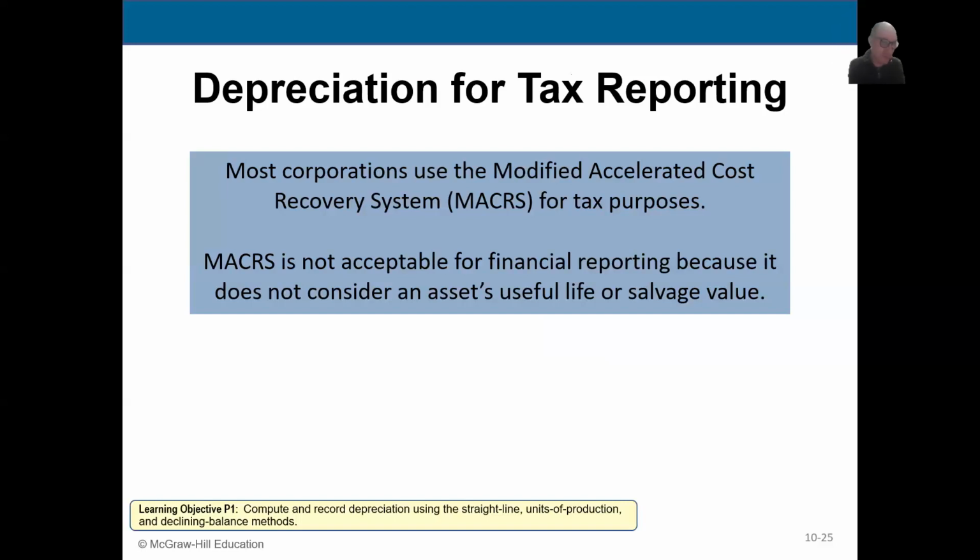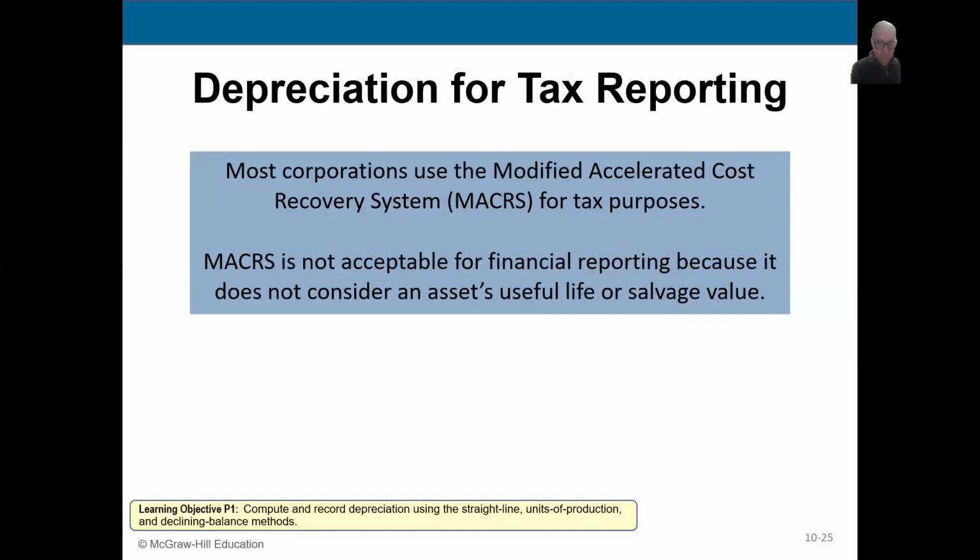The IRS publishes a report every year. It's called the MACRS report. MACRS is known as the Modified Accelerated Cost Recovery System. Only the IRS would think of a name like that. Modified Accelerated Cost Recovery System, published by the IRS every year.